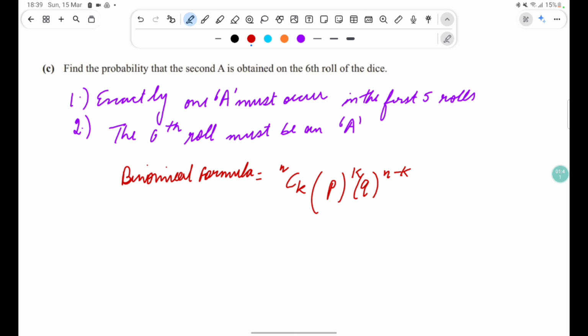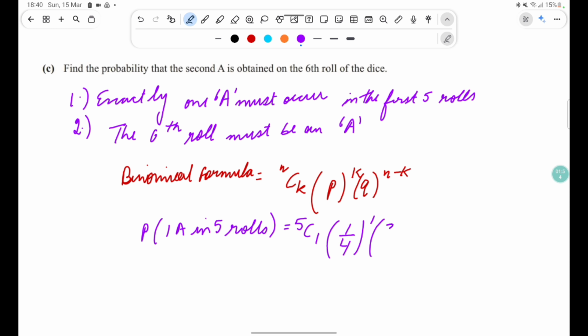So the probability of 1 A in 5 rolls will be 5C1, (1 by 4) to the power 1 and (3 by 4) to the power 4. If I solve this, it will be 5 into 1 by 4 into 81 over 256, which equals 405 over 1024.